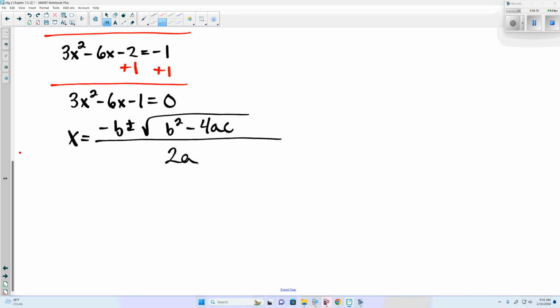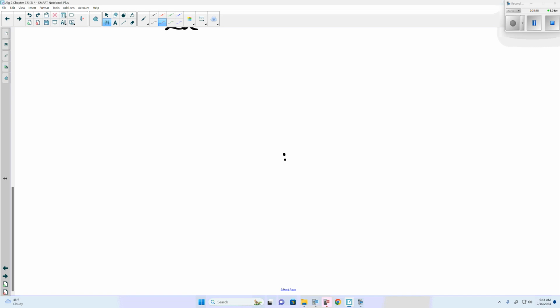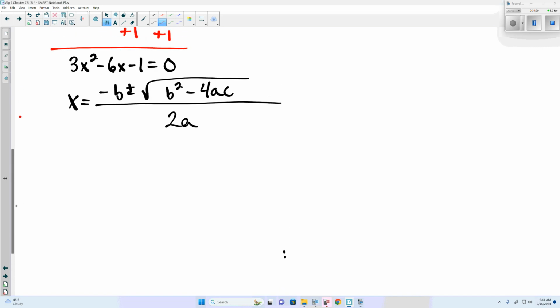Quadratic formula. Now, luckily for us here, because again, this is going back to our ax squared plus bx plus c, where a in our case is 3, b is negative 6, and c is negative 1.